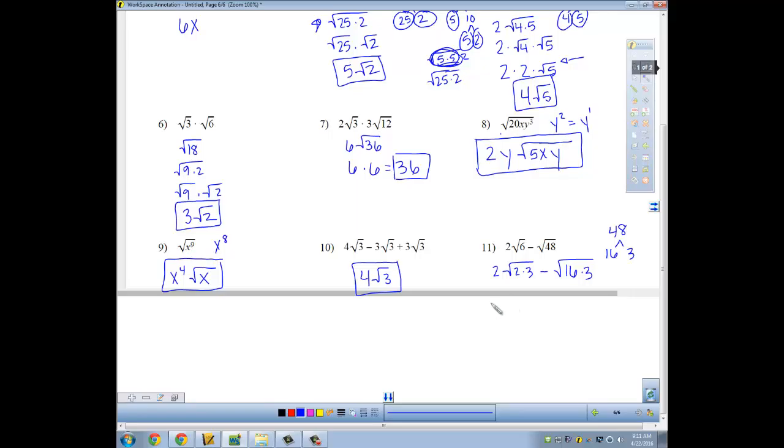Now I can separate them, but I notice here there aren't any pairs, so I know I'm not going to be able to really do anything, so I can rewrite that as 2 square root 6. The only reason why I separated it was just to be sure that I couldn't do anything. Minus square root of 16 is 4. Can't do the square root of 3, so this is your answer. So since those were not like terms, square root of 6 and square root of 3, we can't actually combine those, which is why we keep them separate. Okay.